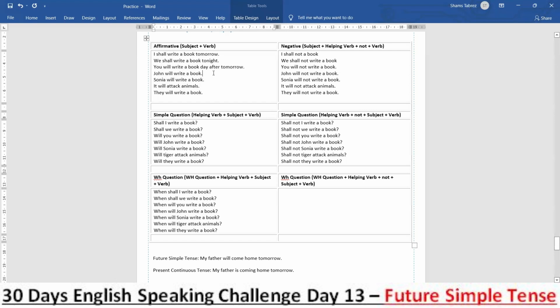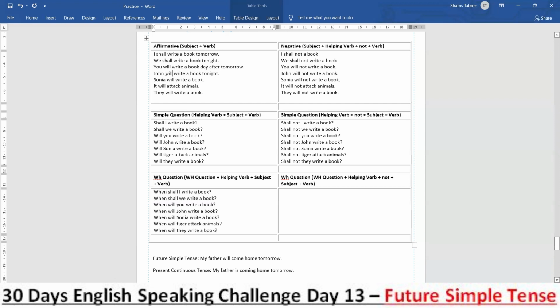Yes. So if it is a strong intention, otherwise you can say John will write a book tonight. Yes, next. No, it's not about will. If you have a strong intention, then you should use shall.